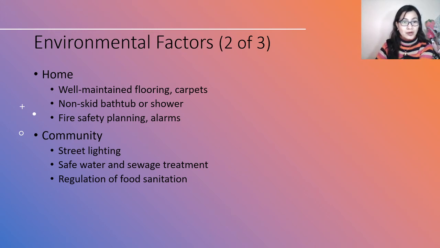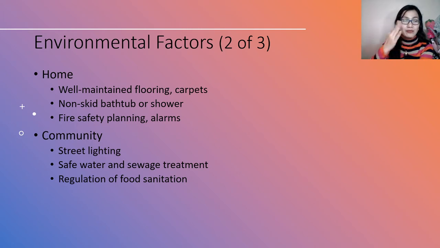How about in the community? If, for example, you are a community health nurse or you are now going to have the subject of community health nursing, as a student nurse you are going to assess the community. Have you seen proper functioning of street lights? If the street lights are broken, then the safety of the people in the community at night will be at stake. How about their water?